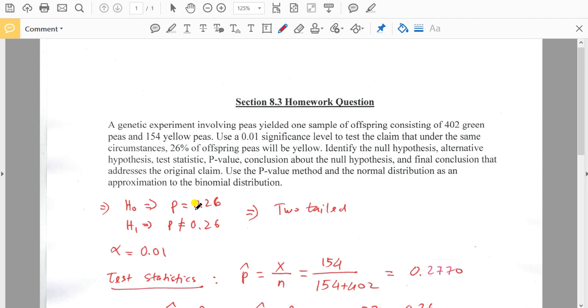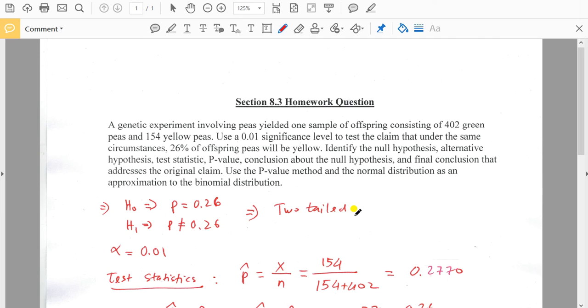So it should be something different than 26% being yellow. But in this case, we do not reject this because we don't have enough evidence. Okay, now this is the case for the two tails.